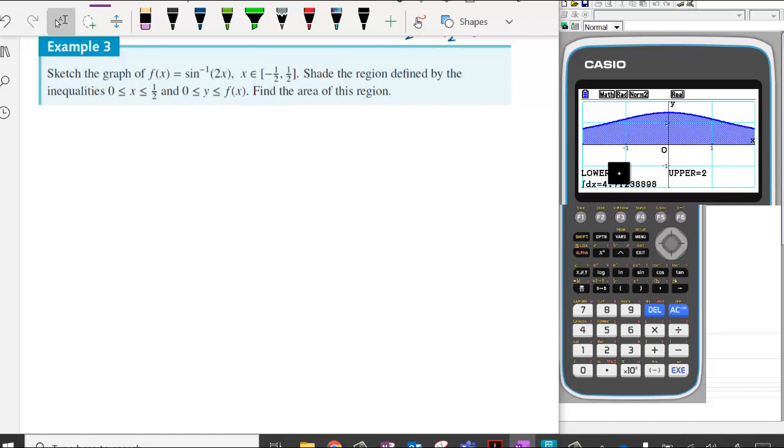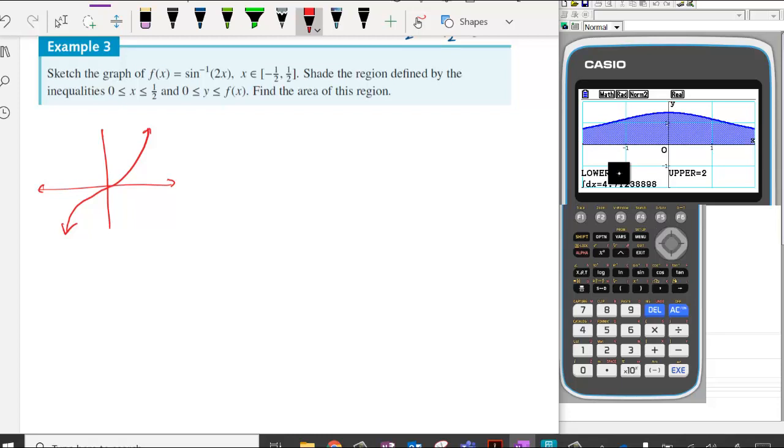Okay, moving on to example 3. Now it's asking us to find the area under an inverse trig function. So this gets a little bit more complex, and there's a couple of different approaches we can take. We should know what an inverse trig function looks like. An inverse sine in particular will take this shape, and it'll be bound by a domain.